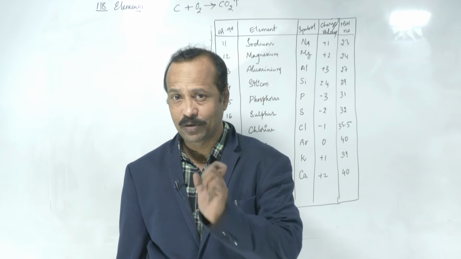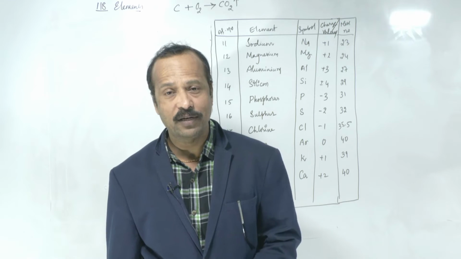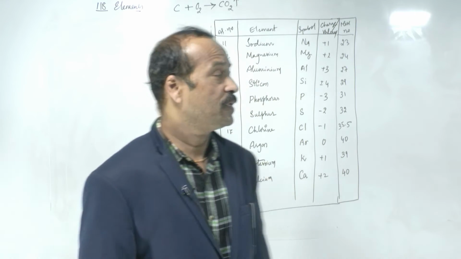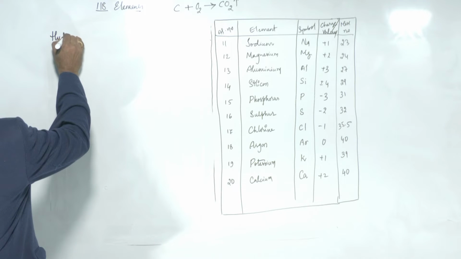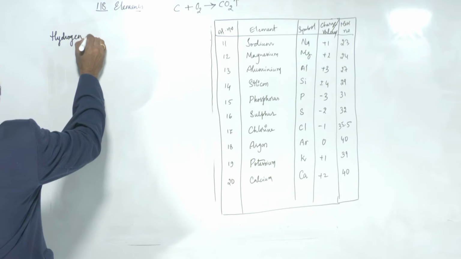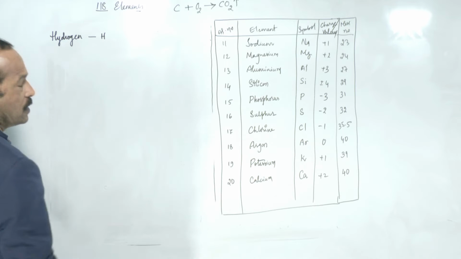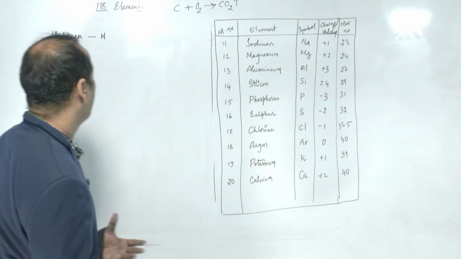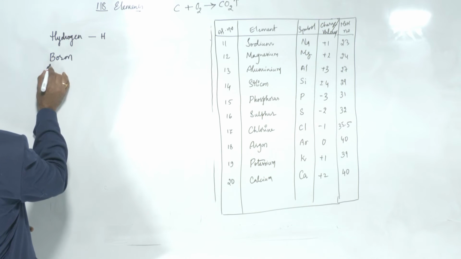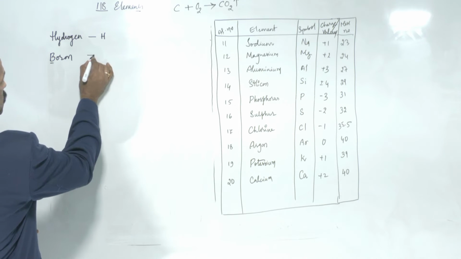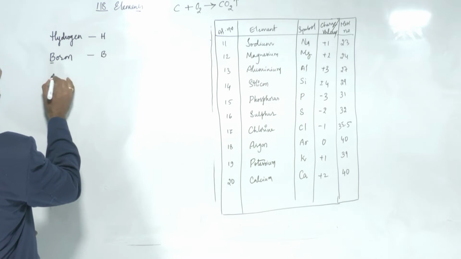The symbol of hydrogen is given as H, right? For example, boron starts with letter B, so the symbol is given as B.